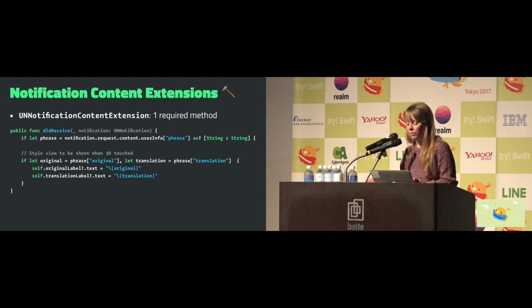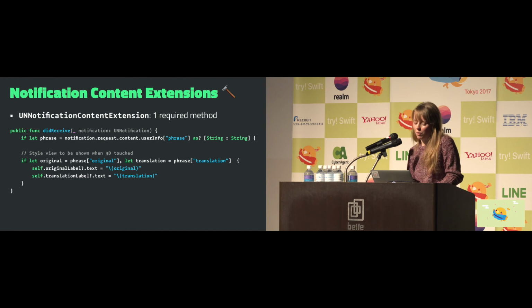In the view controller in the extension, there's just one required method that you have to implement. It's called didReceive, and it receives the notification that was sent through. In order to determine what to display to the user, your notification should provide information in the user info dictionary that's going to give you enough information to populate the view with whatever is necessary.